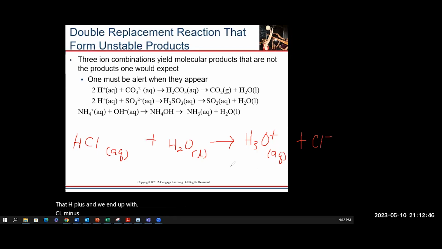Okay, so here, this is going to be our conjugate acid, and then Cl minus is going to be our conjugate base.